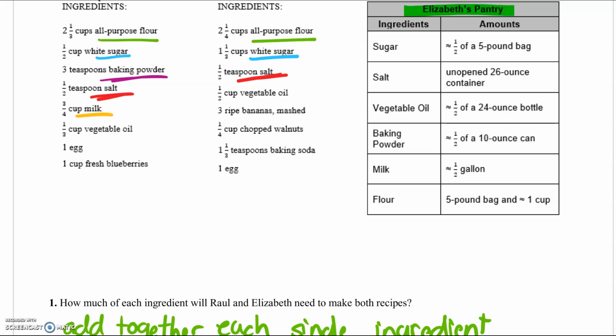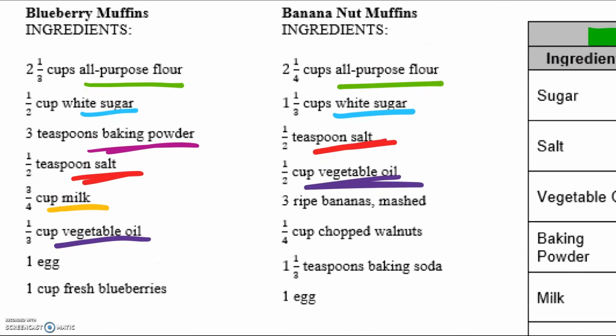And then we have vegetable oil and vegetable oil. Those we would need to add together, right? Because those two we have in both recipes. And then we would look for our next one. So we've got eggs here and eggs here, so we would need to add those together. And then we have some single ingredients. So we got fresh blueberries.